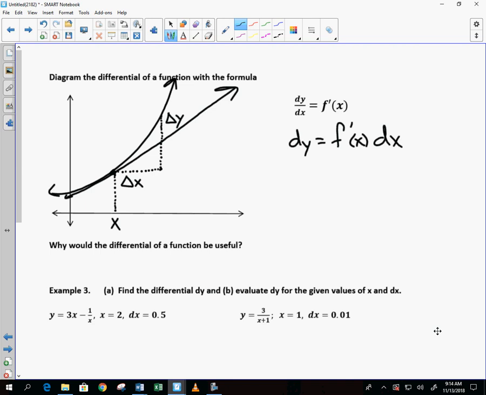Now, I want you to know that delta y over delta x is not the same as dy over dx. But in close proximity, they become almost the same. So what is dy over dx? Well, we say that delta x is the same as dx.